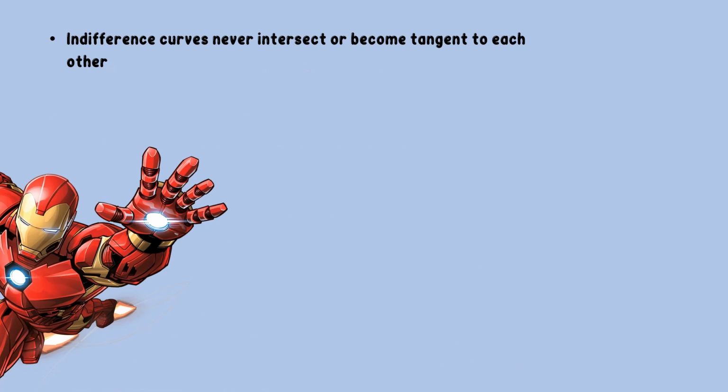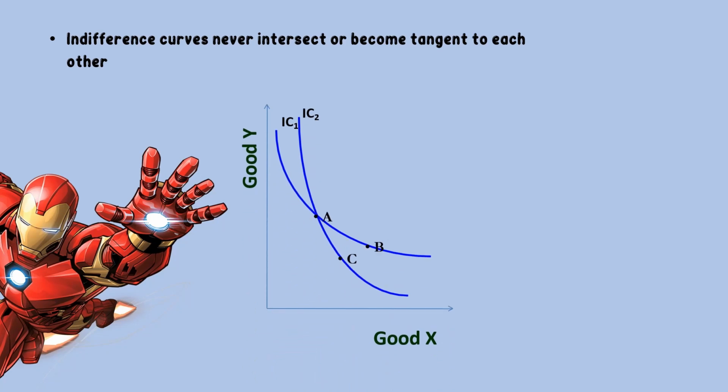So, indifference curves never intersect or become tangent to each other. Two indifference curves will never intersect each other, as you can see in this graph. Also, they need not be parallel to each other either. This graph shows two indifference curves intersecting each other at point A. Since points A and B lie on indifference curve 1, they give the same level of satisfaction to an individual.